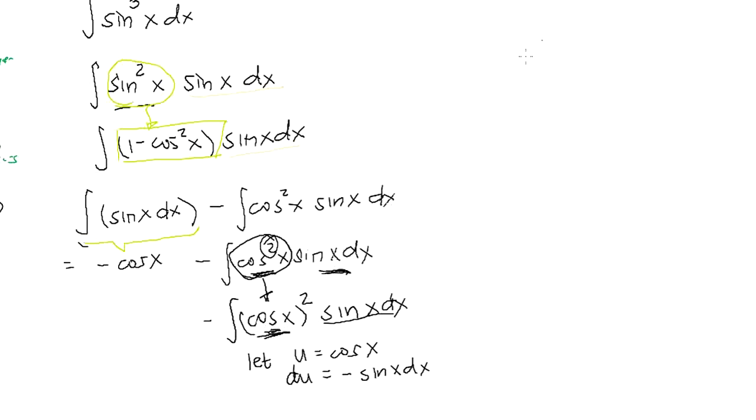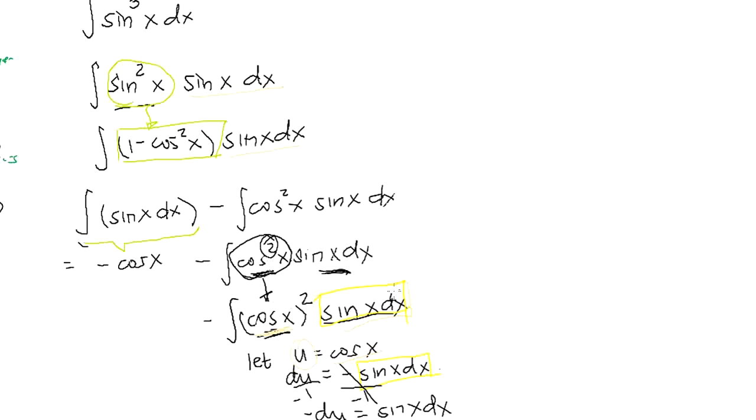So in here, this is our u, the cosine x, and this term here is our sine x dx, which is equal to du all over negative 1, or negative du. Negative du is equal to sine x dx.